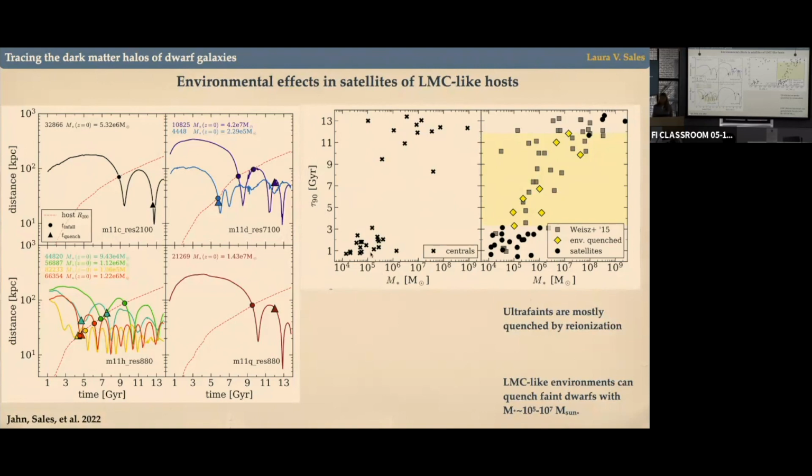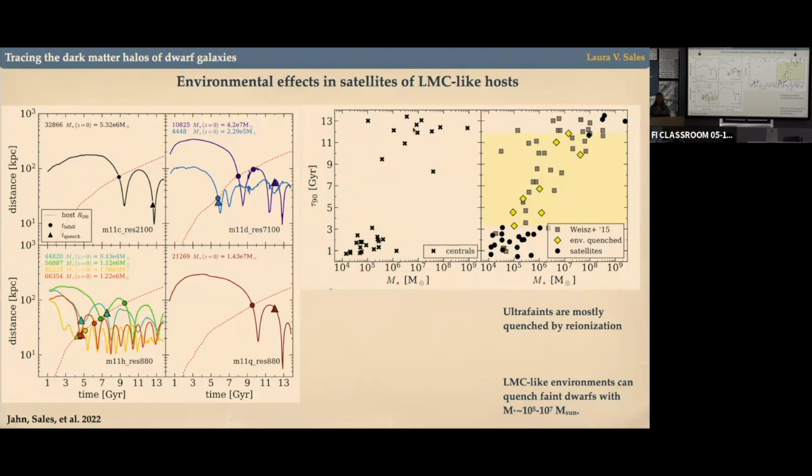And what you see within the simulation is that for low mass dwarfs, these are central dwarfs, they tend to have a very early quenching time, which is consistent with the idea that reionization depletes them of gas and they stop forming stars, whereas more massive dwarfs hang on to their baryons for longer, and then they continue forming stars happily if they are in the field.